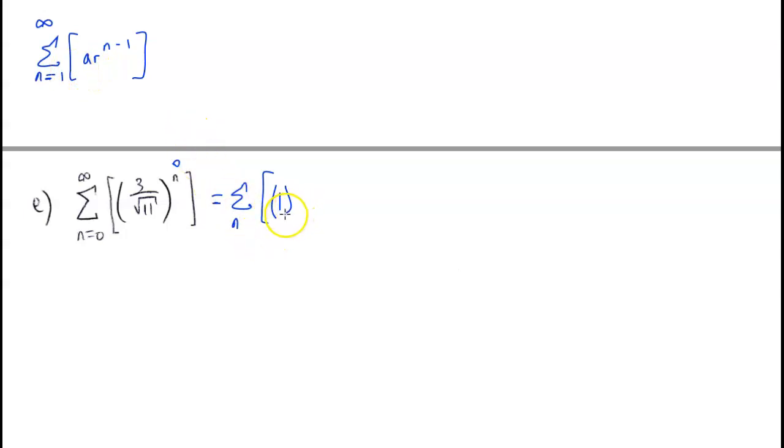So with that being said, now we want this to be n equals 1, okay, because we need that. And of course, what that means for me here is that I need to rewrite this as 3 divided by square root of 11, and instead of this being n, this is just going to be n minus 1.